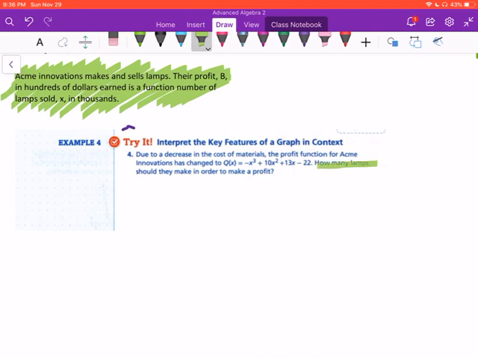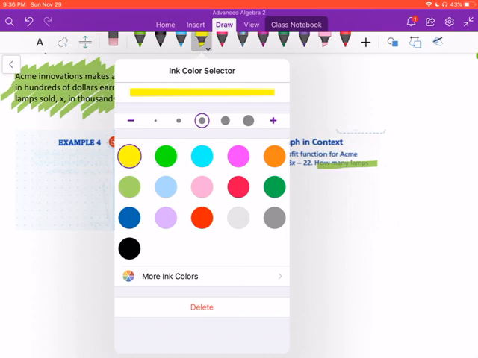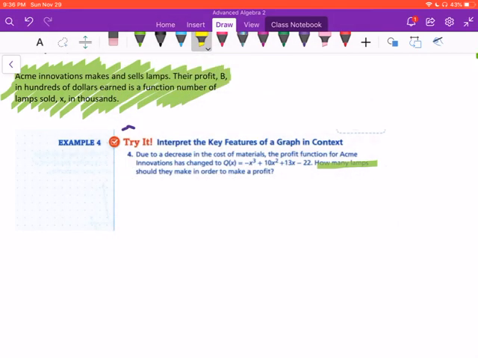Well, we know that lamps, let's go up here. What did they say? Number of lamps sold x. Okay, x, that's lamps. So they want to know how many x's. And remember, x is in thousands. We'll have to come back to that. In order to make a profit. So we have this function Q of x for profit.